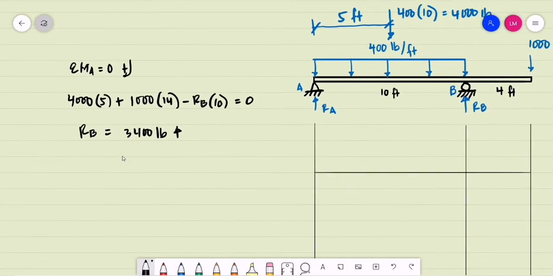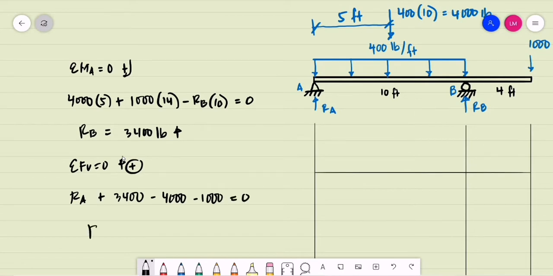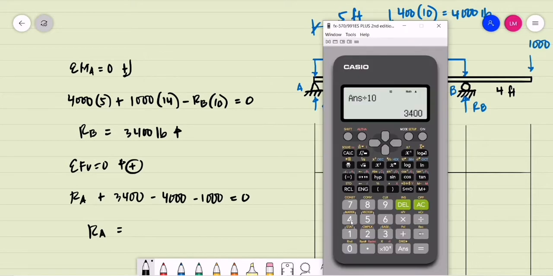Computing for the reaction at A, we may do the summation of vertical forces equal to 0, assuming upward forces to be positive. So we have R_A plus R_B, which is 3,400, minus 4,000 minus 1,000 equals 0. So the reaction at A is 3,400 less 4,000 less the concentrated load 1,000.